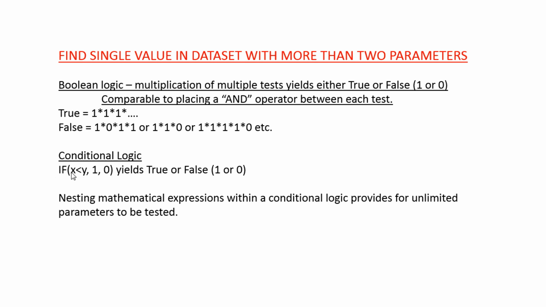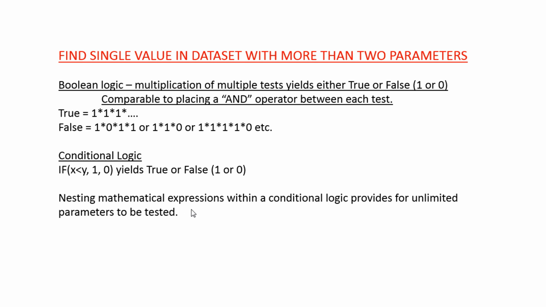Or if x is greater than y, it's still false. This will yield a true if the test is a positive result, and false if it's a negative result. Here again, the 1 is interchangeable with true, and false is always equivalent to a 0.